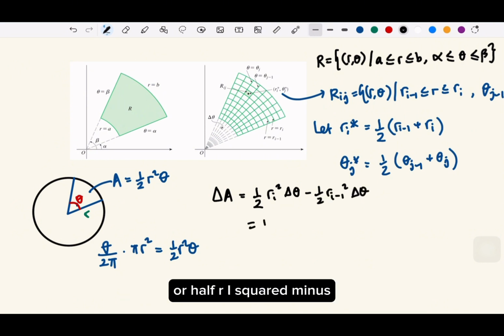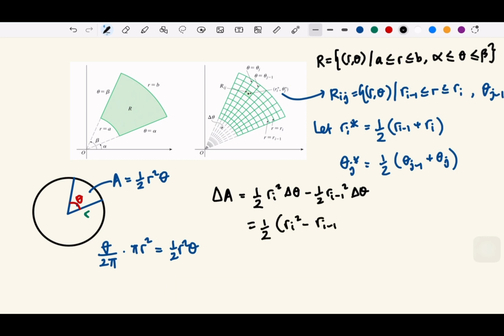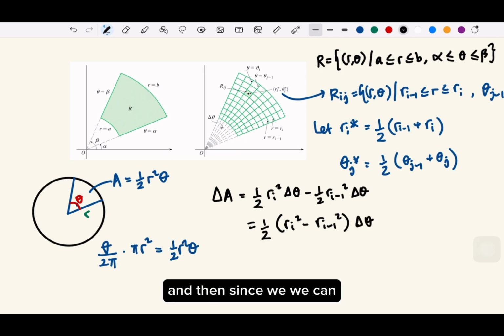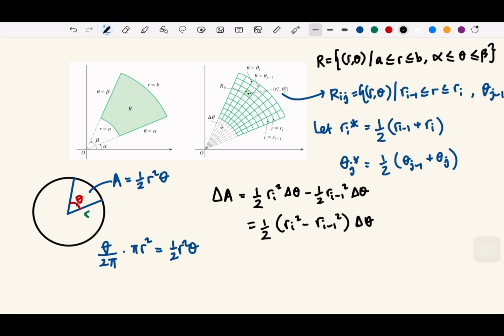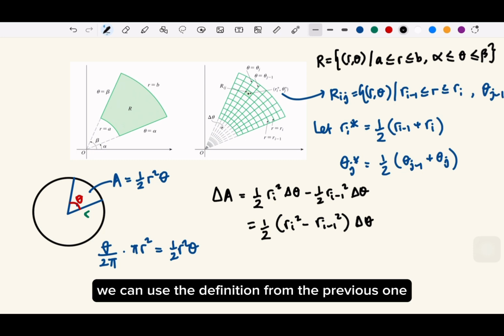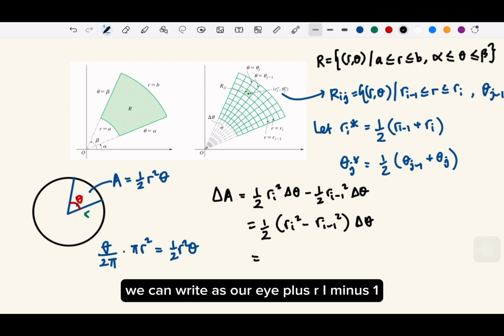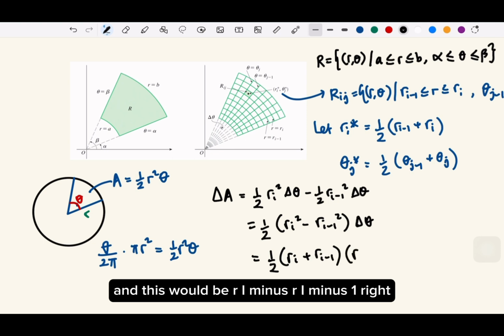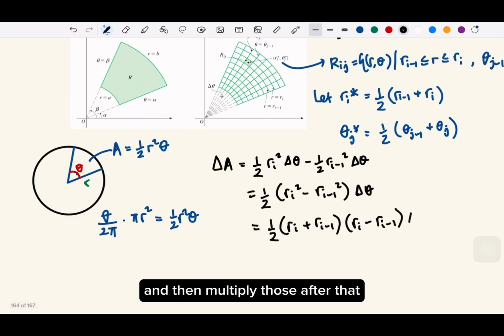Using the definition from the previous one, we can factorize both of these and write ri plus ri minus 1, over 2, times ri minus ri minus 1, and then multiply by delta theta.